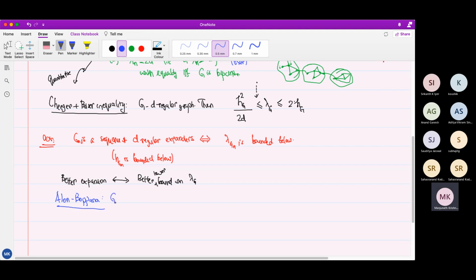Let's again take G to be d regular. Then this second coefficient can't be too large. It says that lambda G is less than or equal to d minus 2 times the square root of d minus 1 plus some delta d n. What is this delta d n? It is some quantity that goes to 0 as n goes to infinity for fixed d.